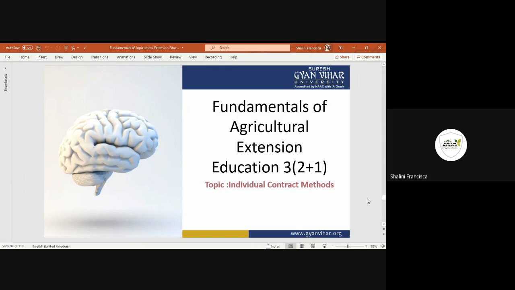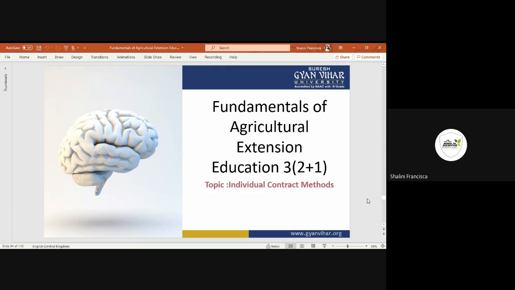Some of the methods were about the learning teaching extension program method, that was about how the learner learns and what teaching should be given to the farmers so that they are able to understand everything, and the aim of the extension agent should be completed through the program that is conducted in the village or in the rural society with the farmers.